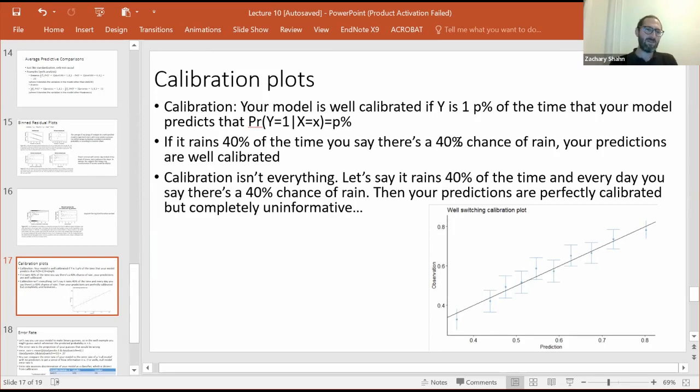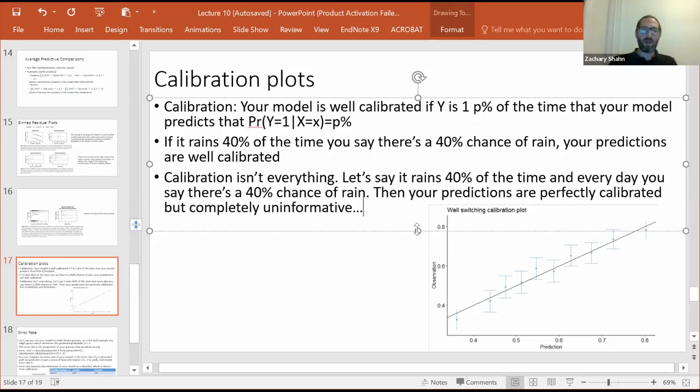So 40% of days overall it does rain. So you're perfectly calibrated, but also completely uninformative. You were just saying the base rain rate every day. There is nothing about any given day that made you say 40%, and you never deviate from the overall average. So that's just to say that calibration is a desirable property, but you also want to be informative, right?